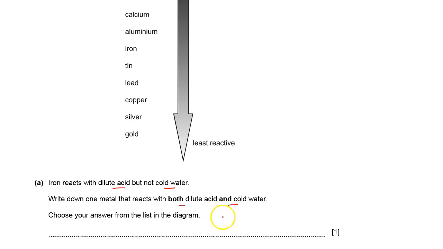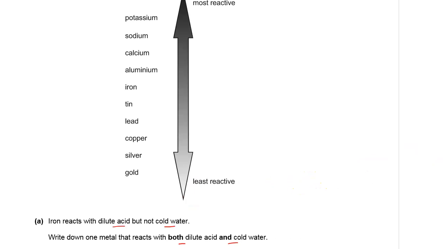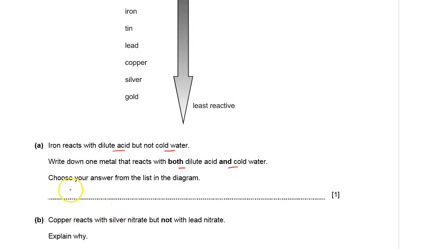So this metal should be higher than iron, which only reacts with dilute acid. Of course, it reacts with dilute acid and not with cold water because it is not that reactive. So I'll go to the highest: potassium, sodium, and calcium. Those ones will react with both. You have to write one metal, so I'll choose potassium. Sodium and calcium will also react with both dilute acid and cold water.